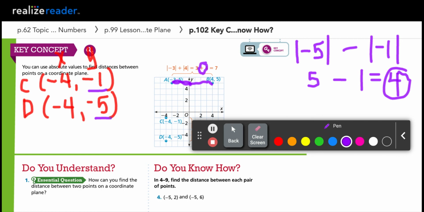You're not going to be adding them. Even if there's not a graph here, you can sketch it. Okay, well, point C is going to be down -1. Point D is going to be down -5. What's the distance between those 2 points? I'm going to be subtracting them, not adding them. I'm not going across an axis.